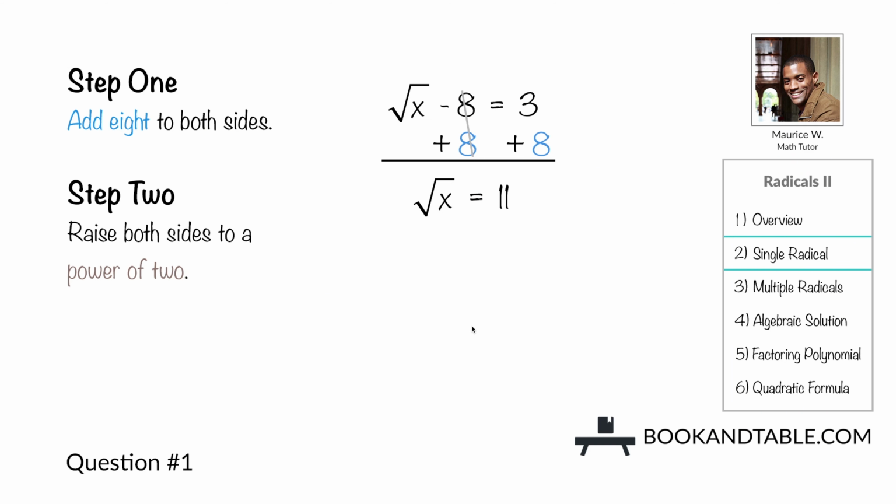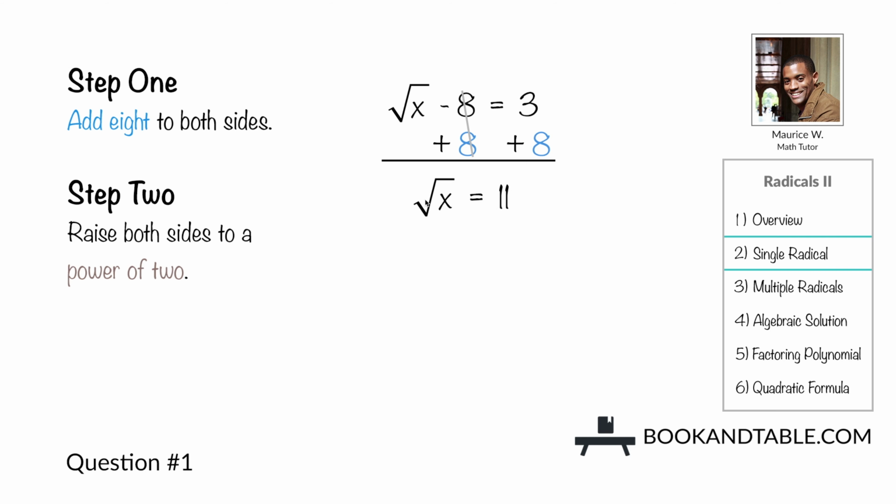Step 1, add 8 to both sides. This is to help us isolate the first radical. So that leaves us with the square root of x on the left side and 3 plus 8, which gives us 11 on the right side. Step 2, raise both sides to a power of 2.